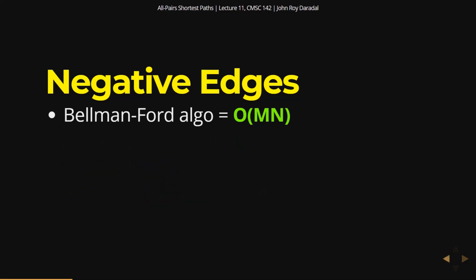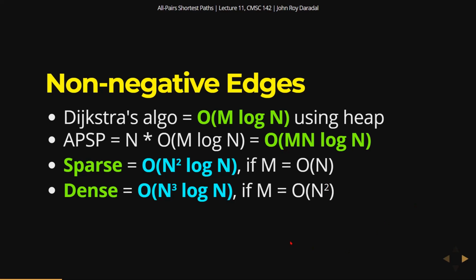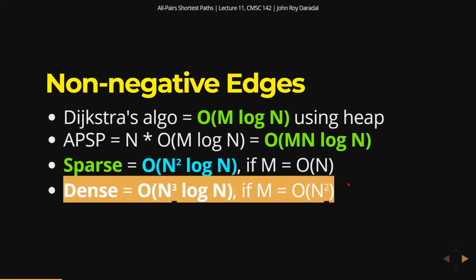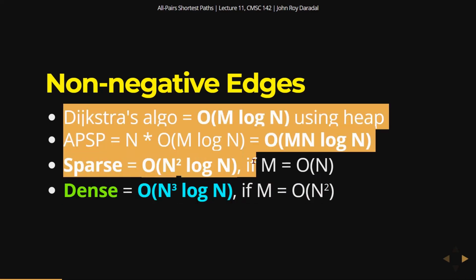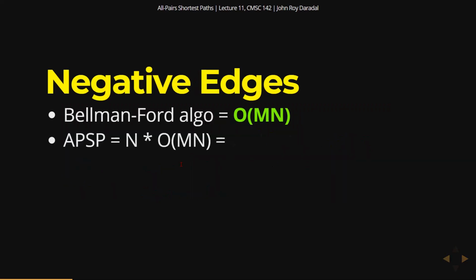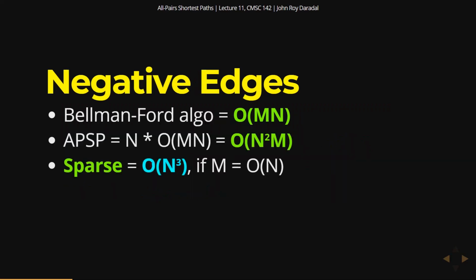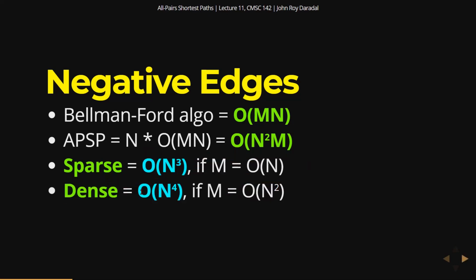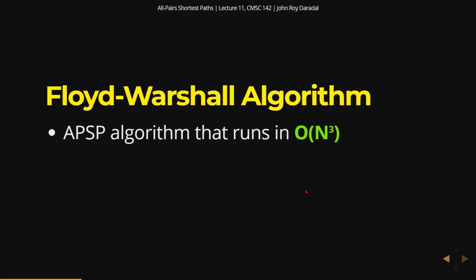If it's n cubed, then it's better than this one, right? Because this is n cubed log n, but it's not better than this one because n squared log n is better than n cubed. It's also better or equal than this one, and then it's better than this one definitely, right? So it can beat running Dijkstra's or Bellman-Ford n times.